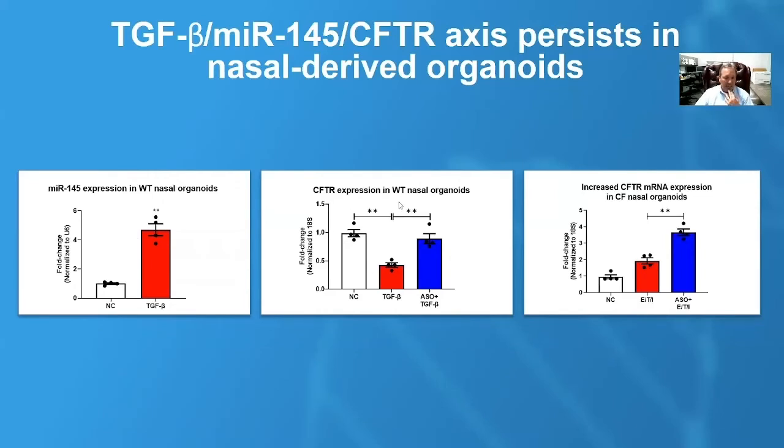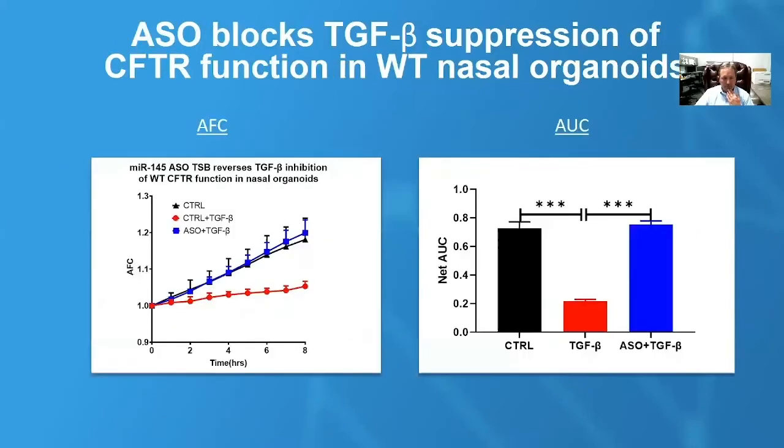Second, TGF-beta stimulation decreases CFTR expression in half. And then the ASO blockade restores CFTR messenger RNA levels to baseline. And in the absence of exogenous TGF-beta, we see that the ASO further increases the CFTR messenger RNA to increase the substrate available for correction.